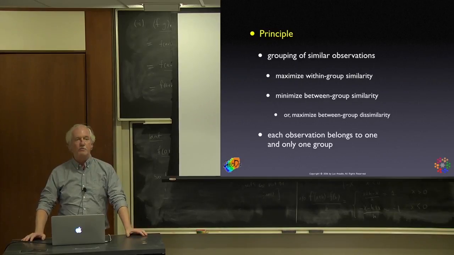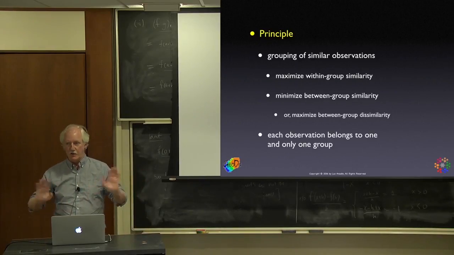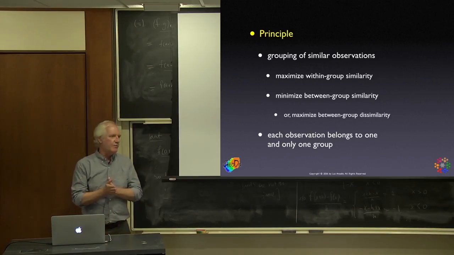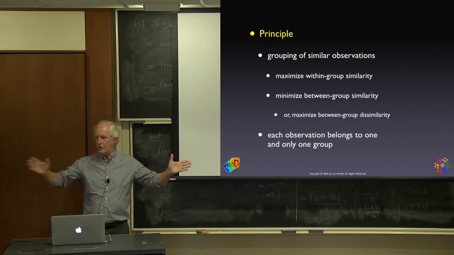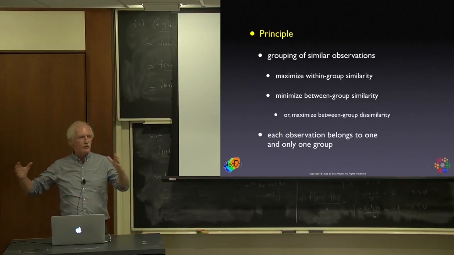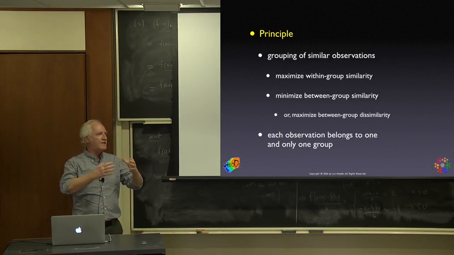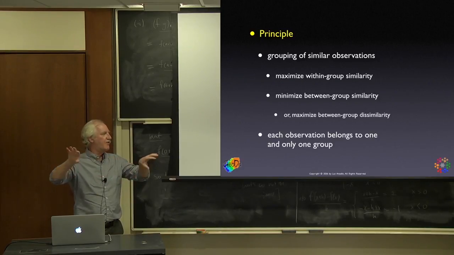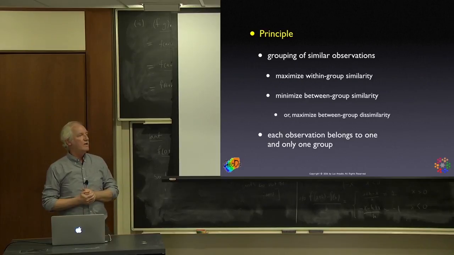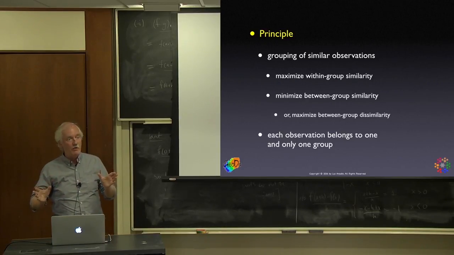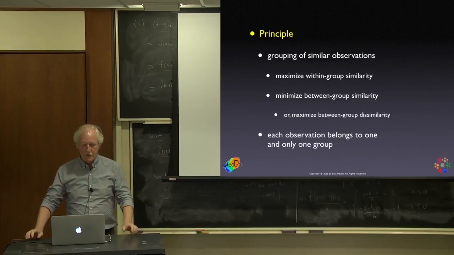So the principle behind classical clustering, nothing spatial involved here, is very simple. You have a bunch of observations, and you want to group them such that the members of the group are as similar as possible, and that the groups are as different as possible, right? So you put the likes together. This may not be appropriate for everything you do, but that's the principle.